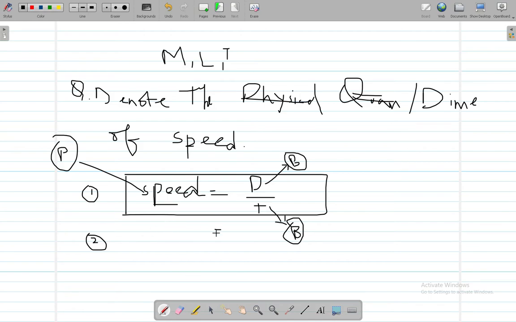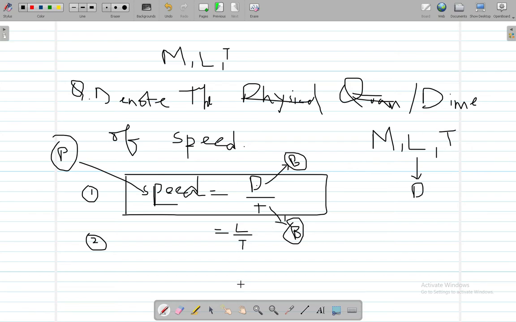Now moving on to our second step. Our second step shows us that D has a unit of meters, and in this MLT, where can you see D, which is distance? Obviously in the category of length. So you are going to write L here. And time, we have the time over here, so we copy it as it is.